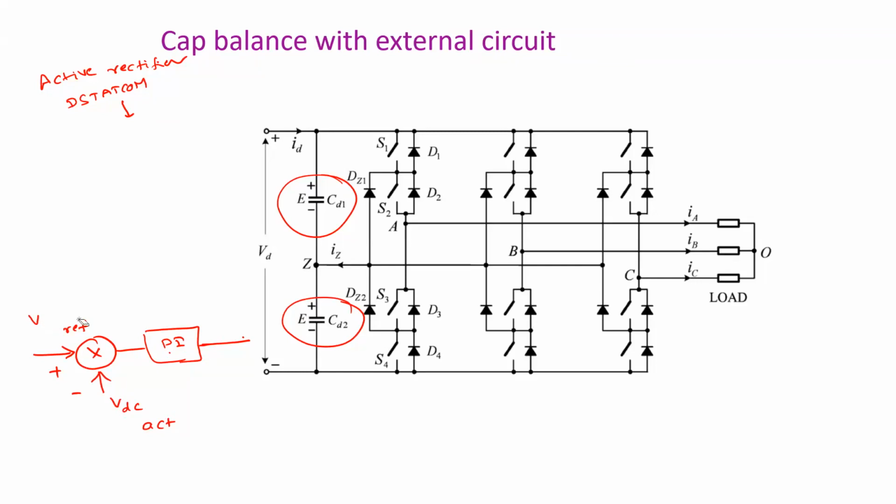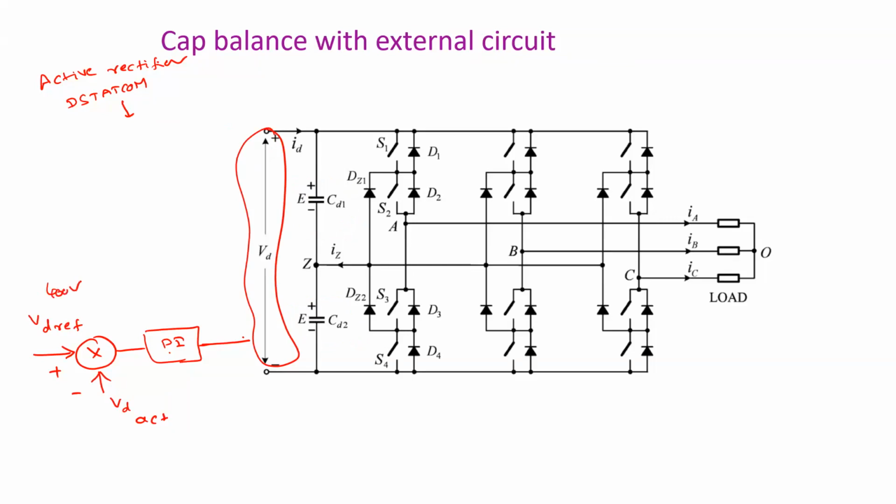In the same way, you have the VDC reference here and the VDC actual. That means you measure the sum of the two capacitor voltages, and this is the VDC actual, connected to a PI controller. For example, assume this is 400 volts.